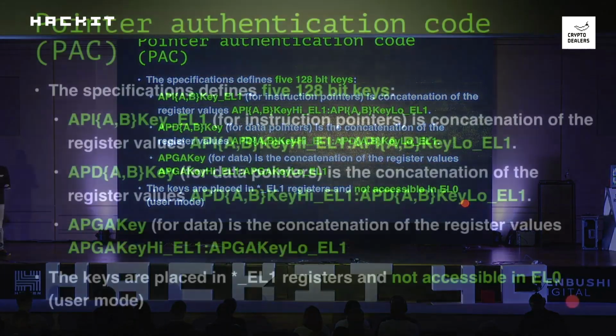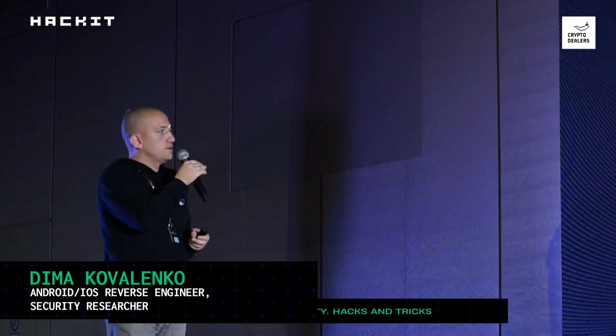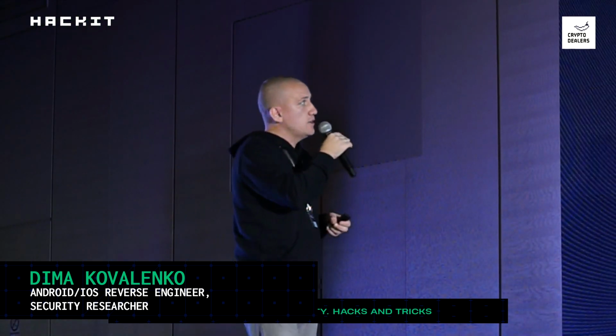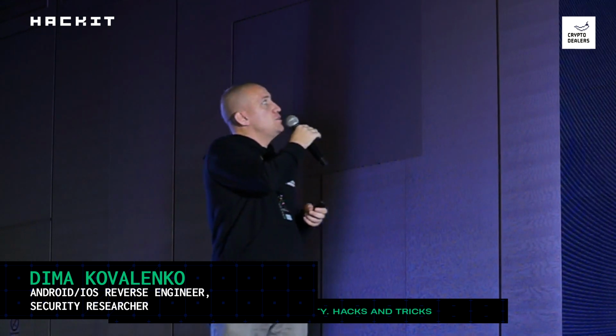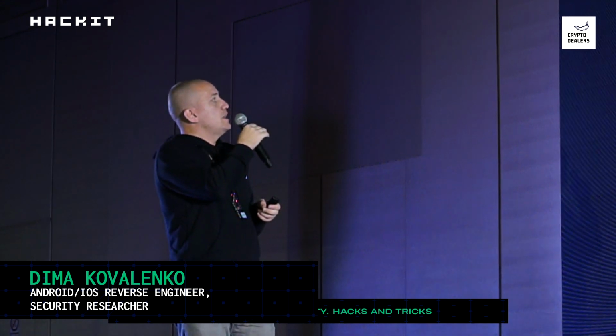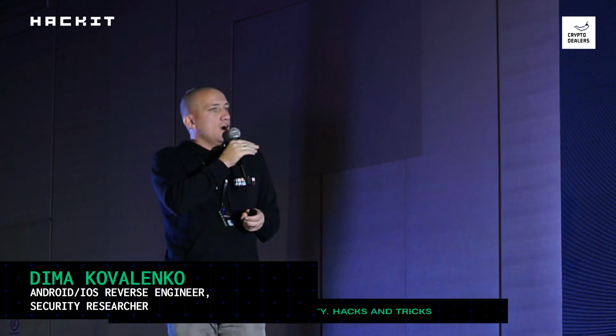You know, modern jailbreaks usually start in user mode, then try to elevate privileges to a higher exception level. Well, here we have a kind of mitigation, and we have 5 keys. It's APIA, APIB, APDA, APDB, and APGA key.